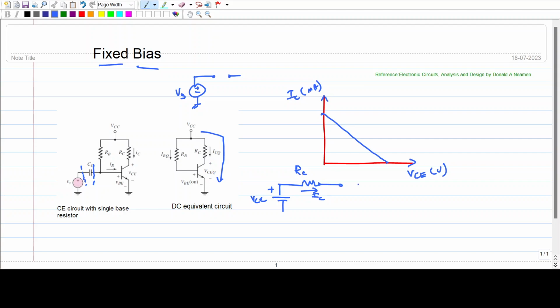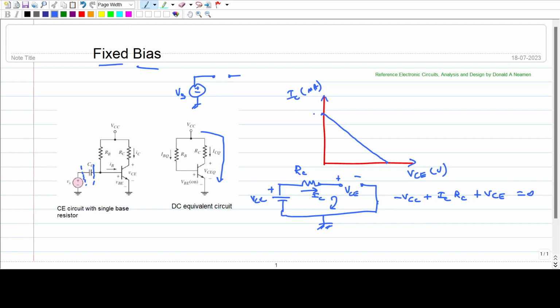Then the last is ground. If you write the KVL here, it looks like: minus VCC plus ICRC plus VCE equal to 0.